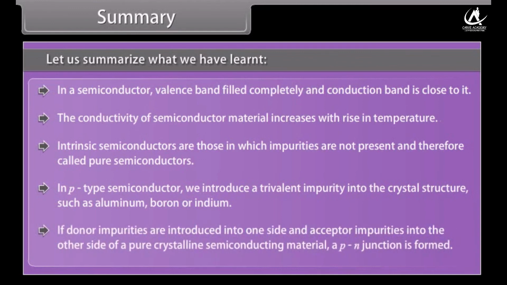If donor impurities are introduced into one side and acceptor impurities into the other side of a pure crystalline semiconducting material, a p-n junction is formed.